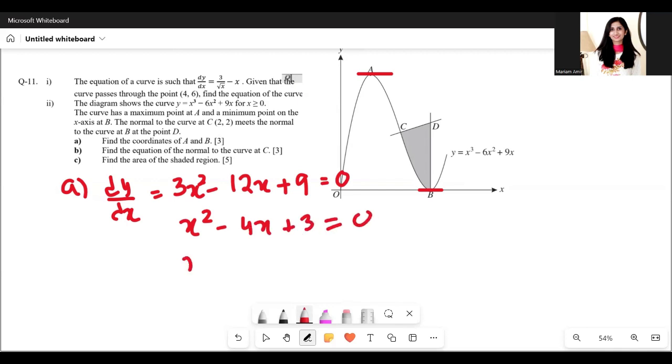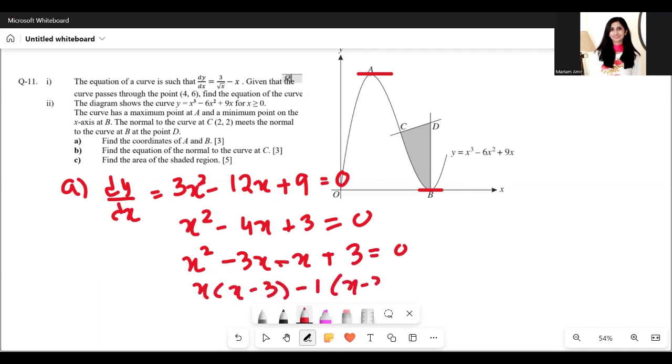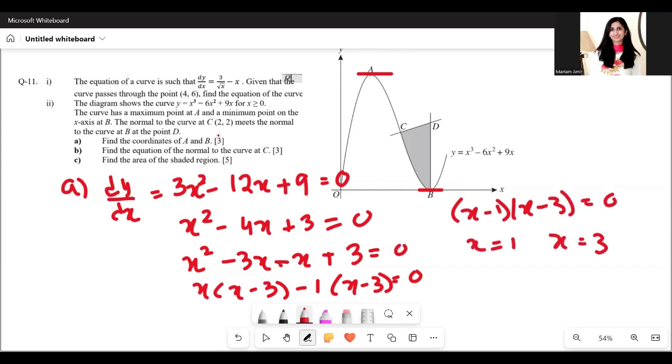I'm going to factorize this. x squared minus 3x minus x plus 3. Take x common: x minus 3. Take negative 1 common: x minus 3. So we have (x minus 1)(x minus 3) equals 0. That gives us x equals 1 and x equals 3.